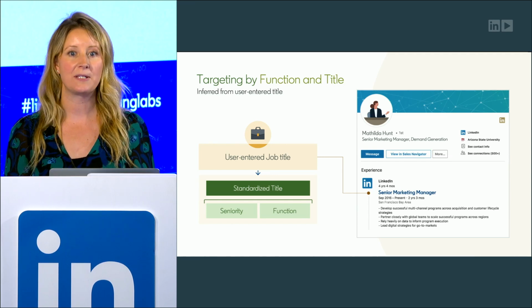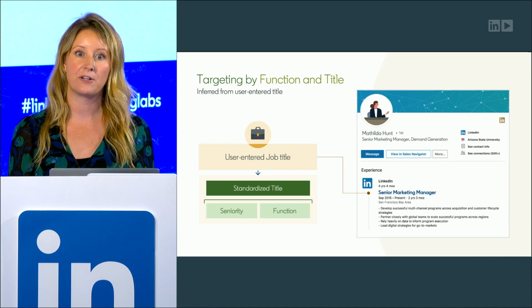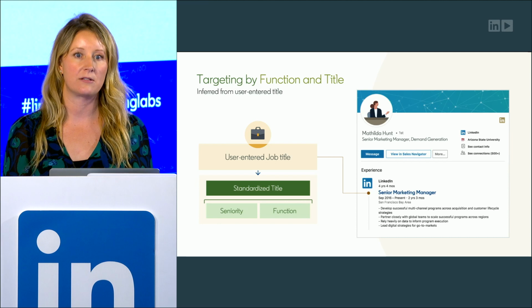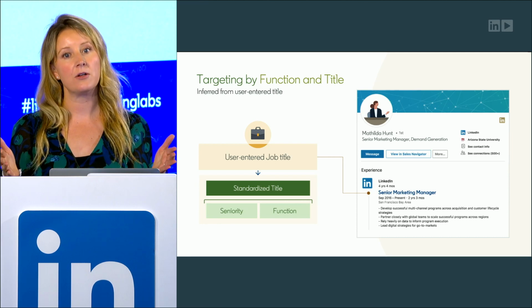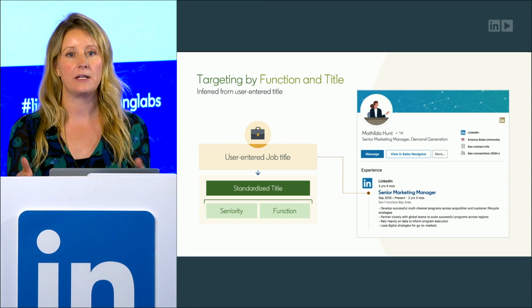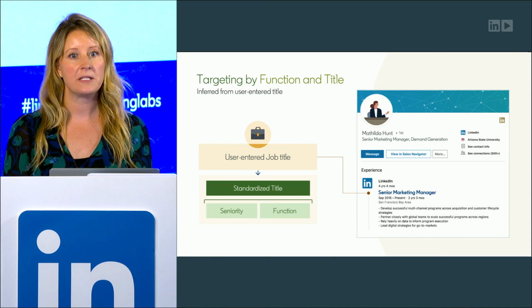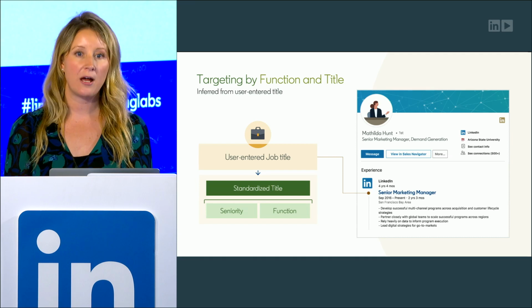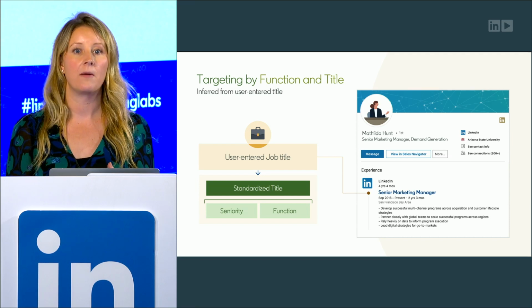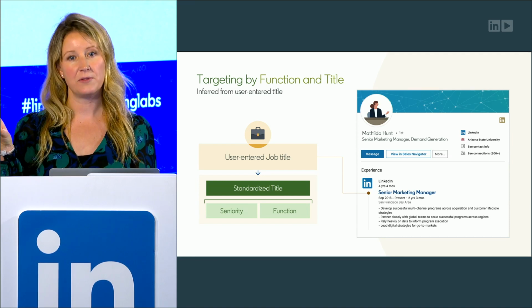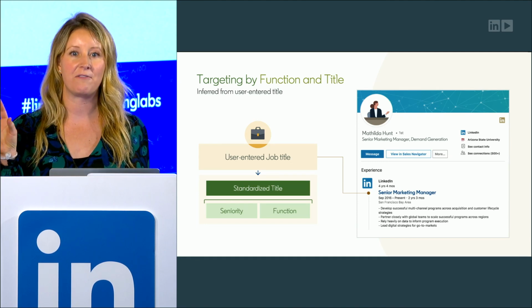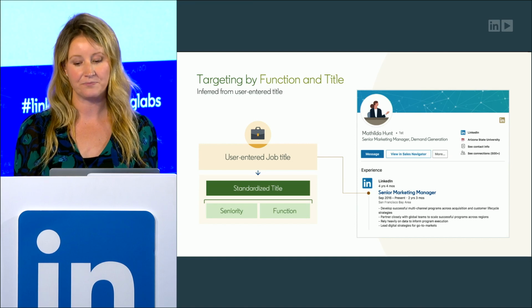So that is her job title, and that is one way that you can go after her, by targeting people with senior marketing manager as their title. However, LinkedIn also categorizes this title into different buckets. So from a seniority level, she will be considered a manager. And from a job function, this will be considered marketing. So there's two different ways to reach Matilda. One is the job title, and one is the combination of function and seniority together.